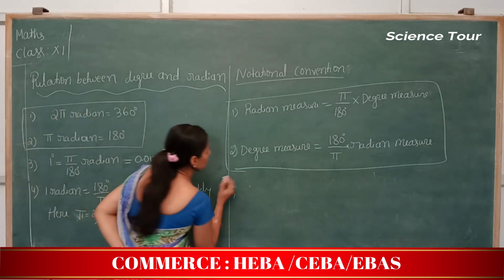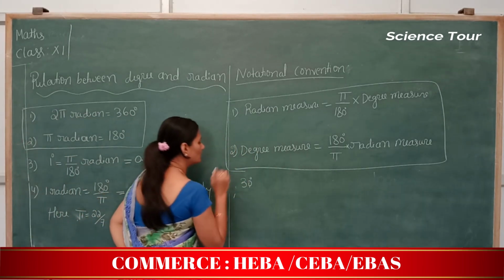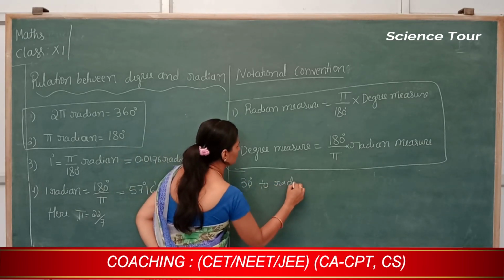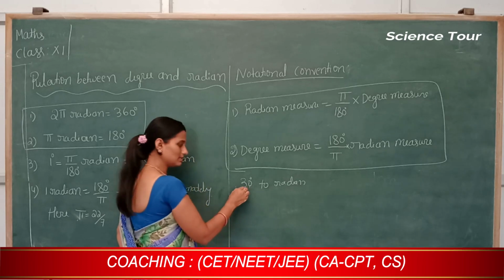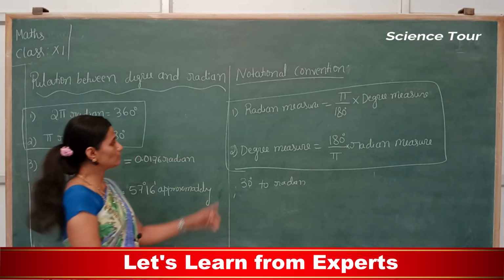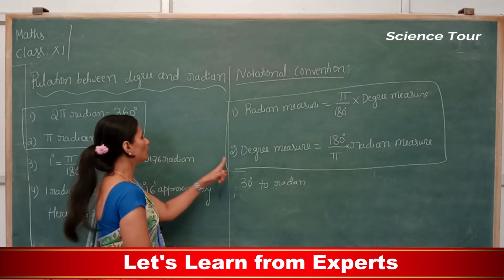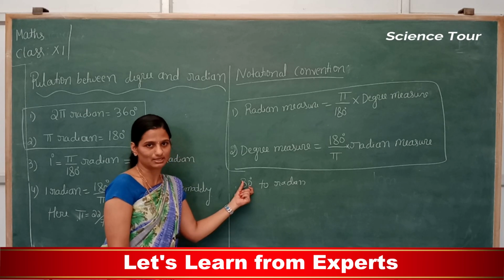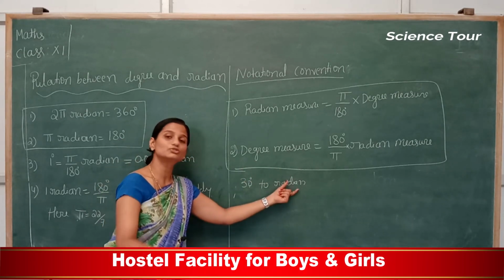Suppose 30 degree is given. Convert this to radian. Now tell me which formula to use, this one or this one. Given is 30 degree, and conversion is to radian.